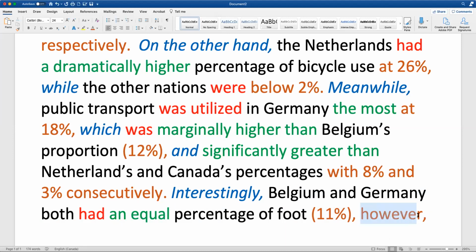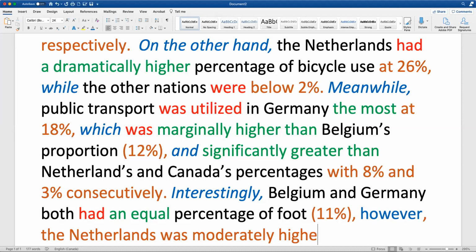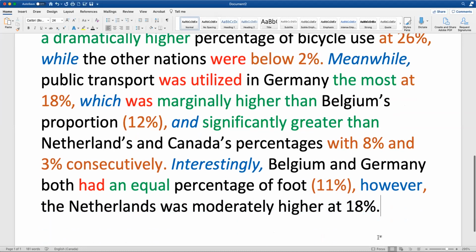However, we can say here, however, the Netherlands was moderately higher at 18%.